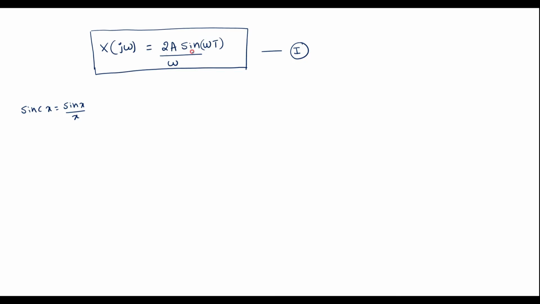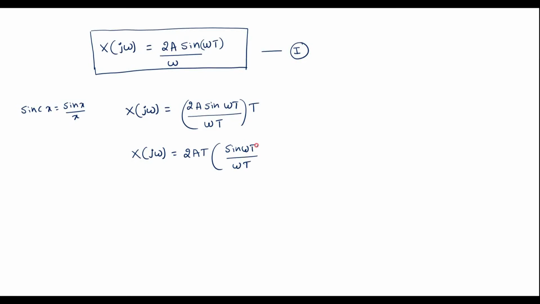So now I can try to represent this expression in terms of sinc x, that is x of j omega is equal to 2A sine omega T divided by omega T. To compensate this T, I will multiply this with T. So x of j omega is equal to, I'll take this 2A into T, we have sine omega T divided by omega T. So x of j omega is equal to 2AT.